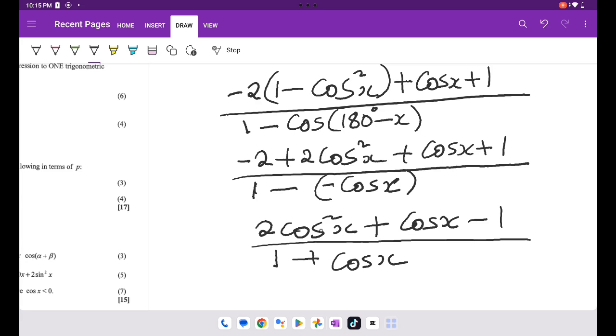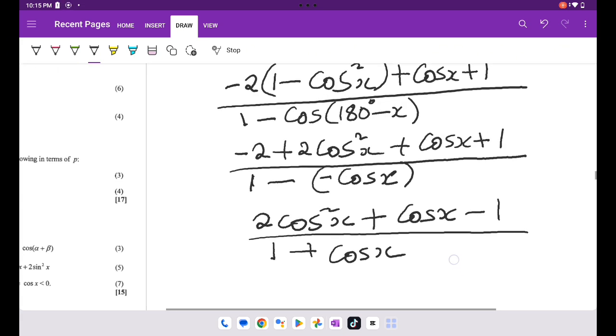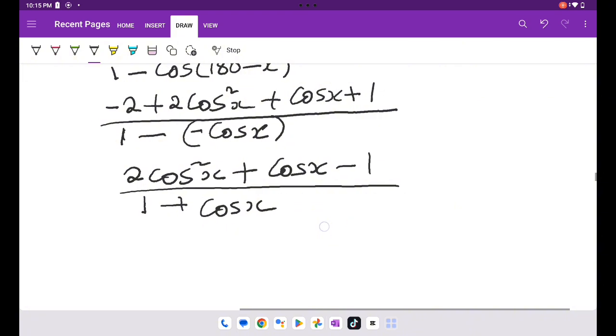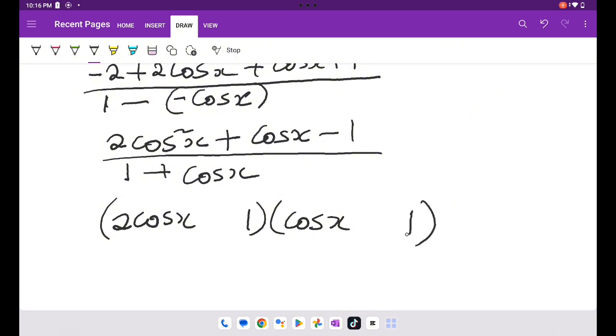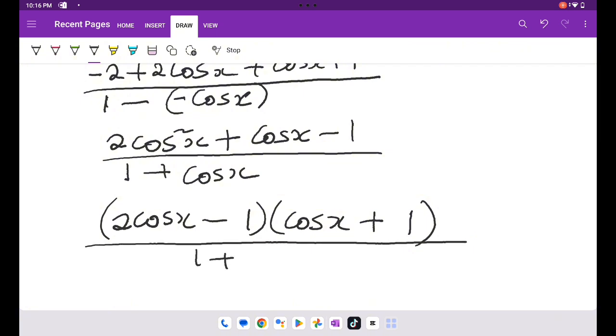Now the upper part is a trinomial, so we can factorize it properly. We will have 2 cos x and cos x, so we have a 1 and 1, then negative and a positive, so the positive will come here and negative there, all over 1 plus cos of x.